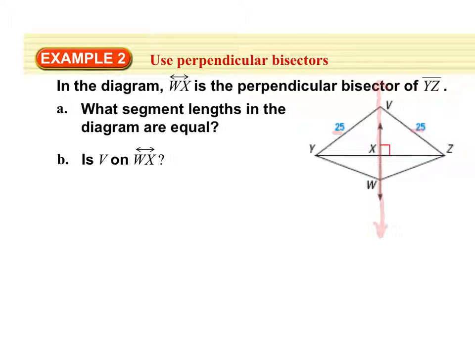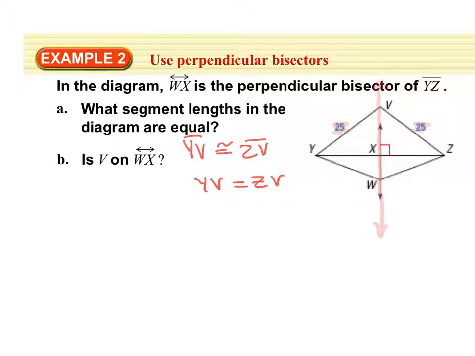What segment lengths in the diagram are equal? Already you can see that it was given to you that YV is congruent to ZV. They both have 25. And again, it didn't ask for congruent, it asked for equal, so let's change that to an equal sign.